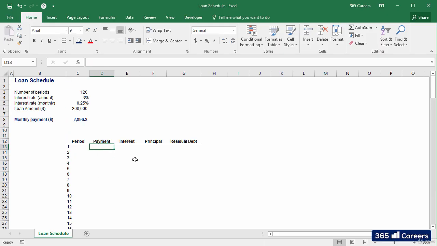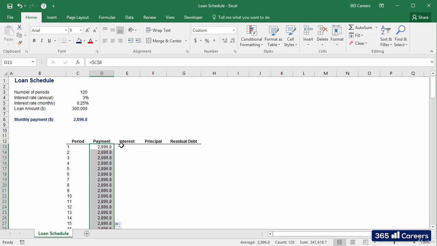We already calculated the amount of each of the fixed payments. Here it is. I'll link to the cell and then fix its reference to be able to copy it to the last row of the table. Okay, perfect. Our next task is to disaggregate this payment in 2 parts, interest rate and principal.